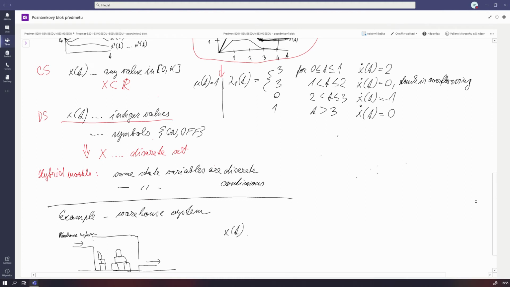So it will be represented by integer numbers.